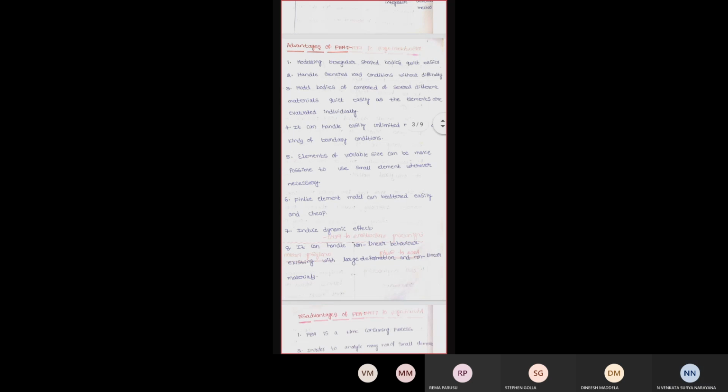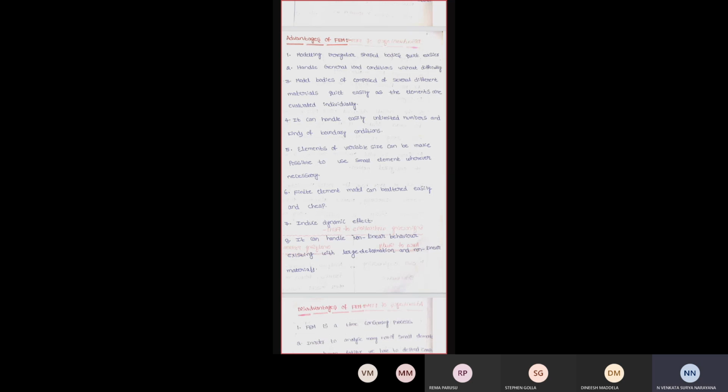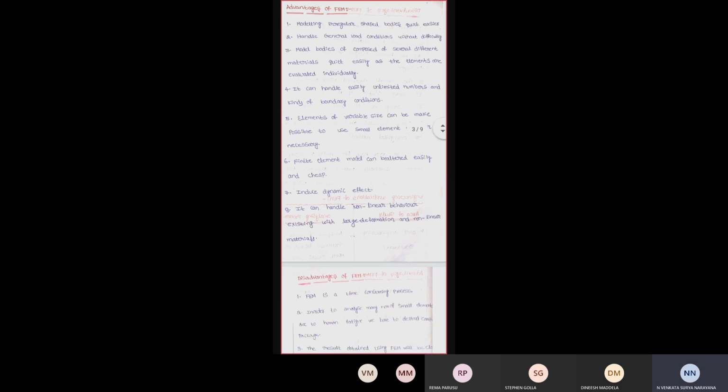Those are boundary conditions. It will be clear in the problems; I will discuss the problems later. Next, compared with analytical methods, FEM modeling is very easy, cheap, and easily available.